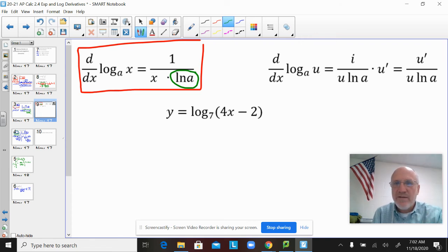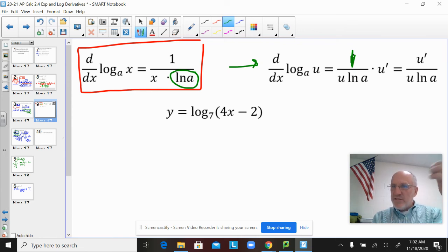Just gonna have to know that. And then, we have a typo here. This is a 1, not an I. And then over here, if the log base a of a function of x, the log base a of u, now we're looking at this one, it's still 1 over u, whatever u is, and we still need that natural log of a there on the bottom next to the u. 1 over u natural log of a.